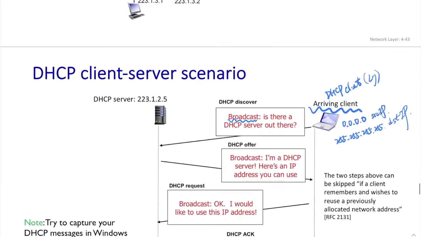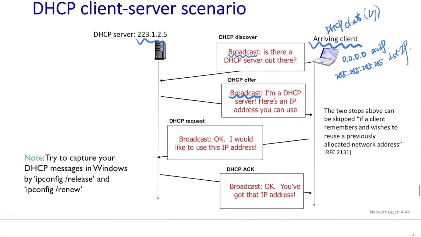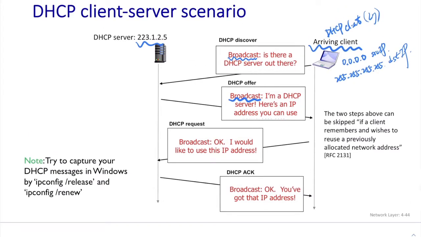After that, the DHCP server says broadcast. Again, because the arriving client has no IP address right now, the DHCP server can only do broadcasting. It says, I'm a DHCP server, here's an IP address you can use.